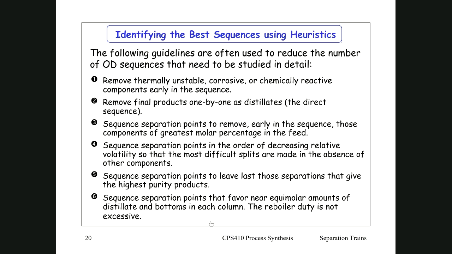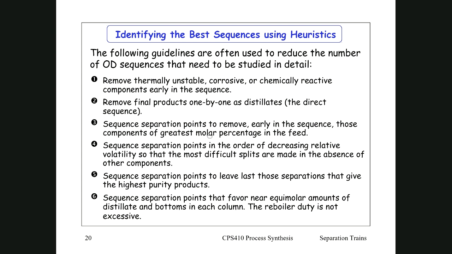Right. These are the 6 heuristics that apply to identifying the best sequence using heuristics. So if you've got 5 components, for instance, we'll be doing a class example like that.